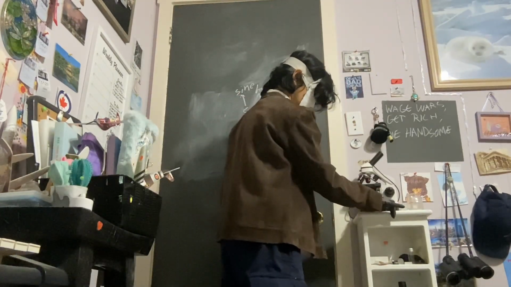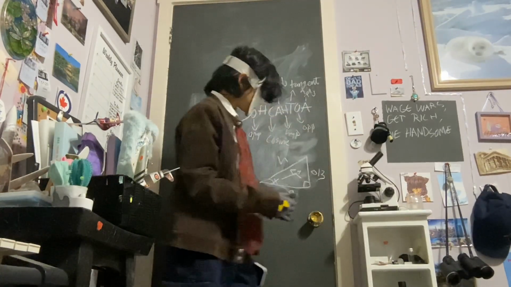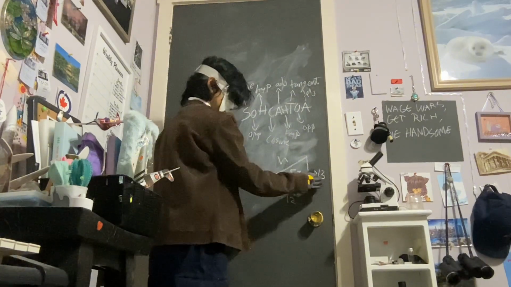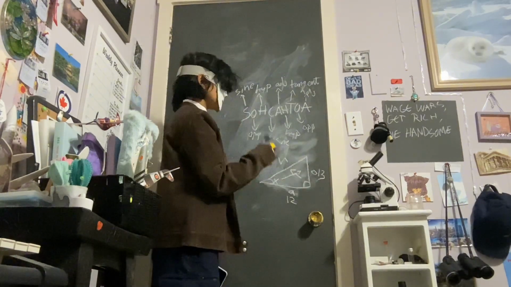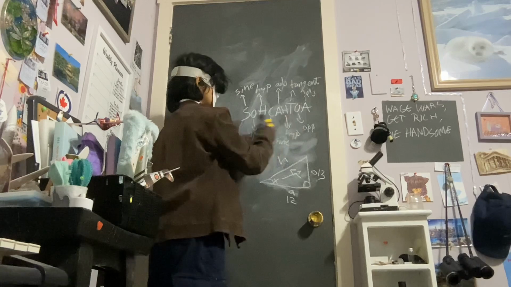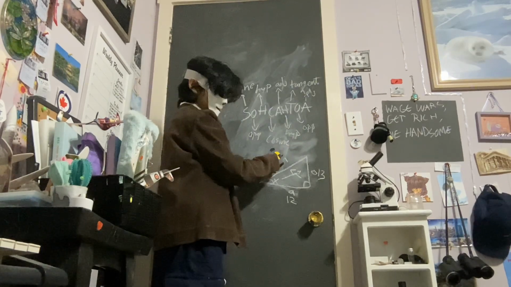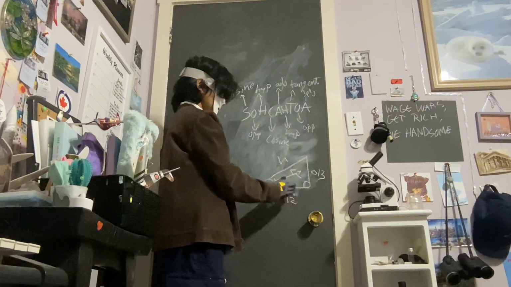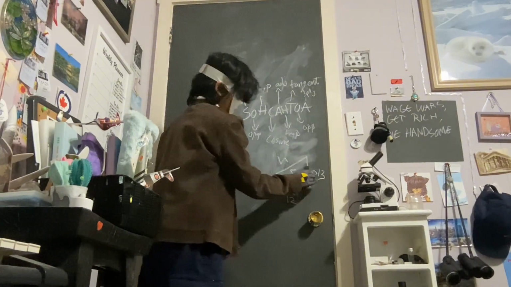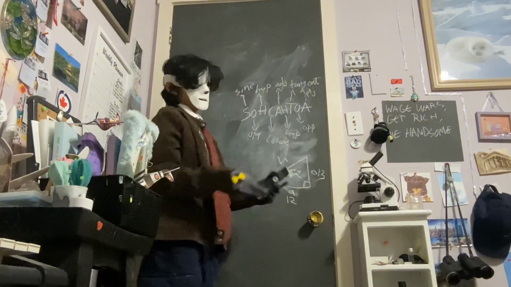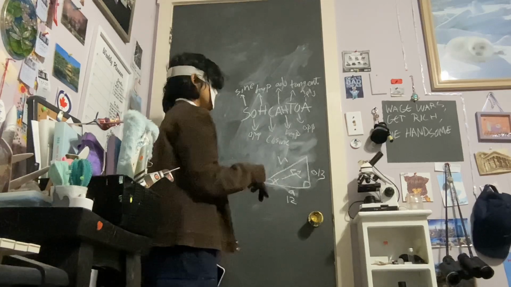And so to find an angle, where's my chalk? Right here. So to find an angle, if it's 13 and 12, let's think of SOHCAHTOA. So what do we have here? The hypotenuse, we don't know that value. So we have the opposite and the adjacent. And what does that correlate to?